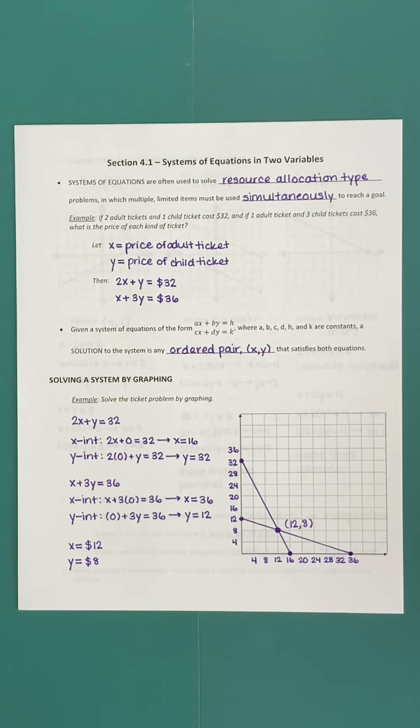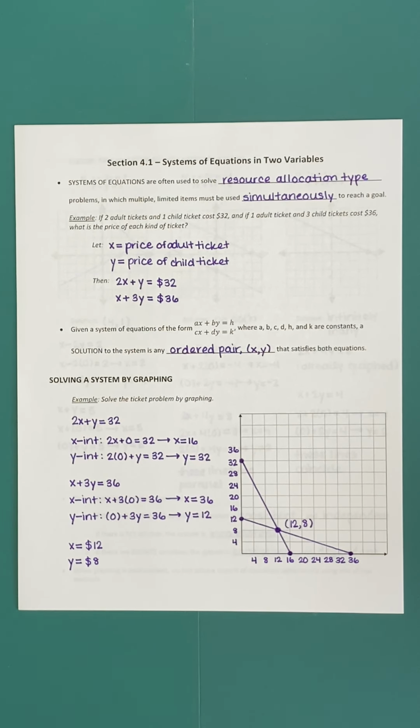Essentially the big takeaway is you would potentially have to guess and check a lot of different values. And ultimately that's not the most efficient technique to use to determine what values would actually make these particular relationships true. So we need something a little bit more efficient, a little bit more effective than just guessing the price of an adult ticket, guessing the price of a child ticket, and seeing if the values actually work.